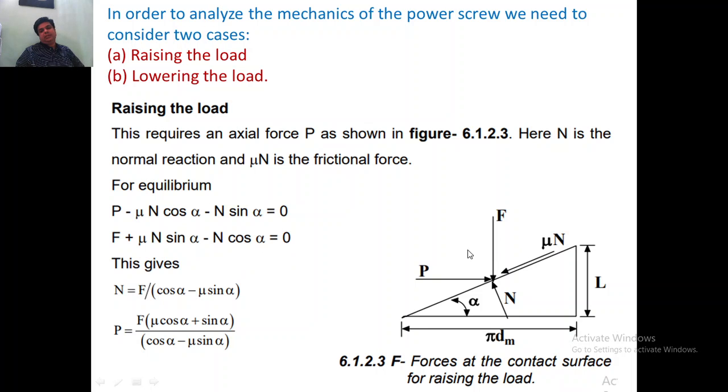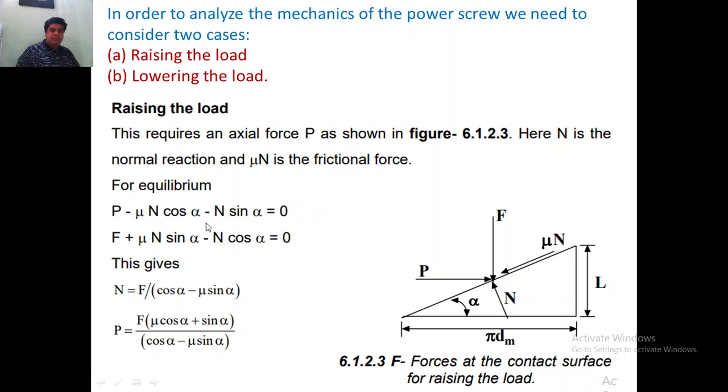So using this simple resolution of forces on the inclined plane in x-axis and y-axis, you will get these two equations, and for equilibrium the summation of forces will be 0.